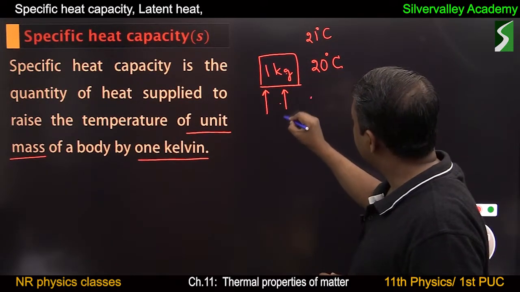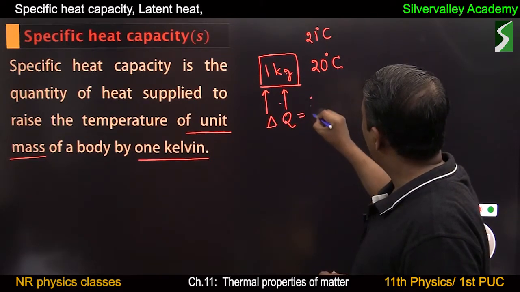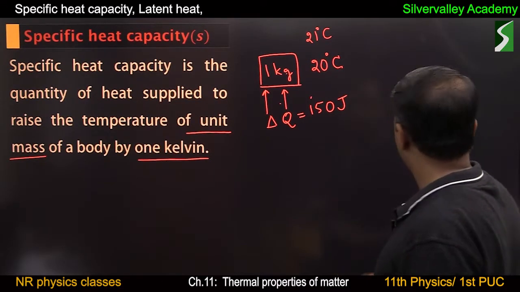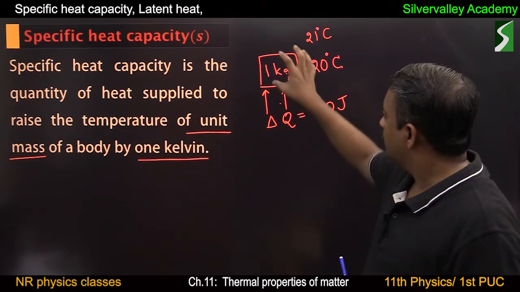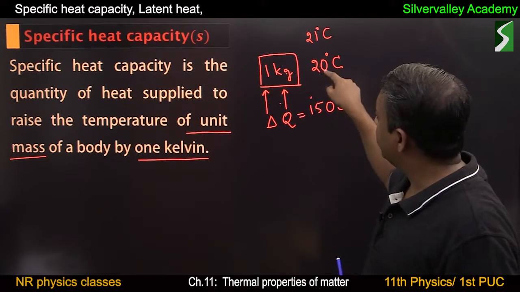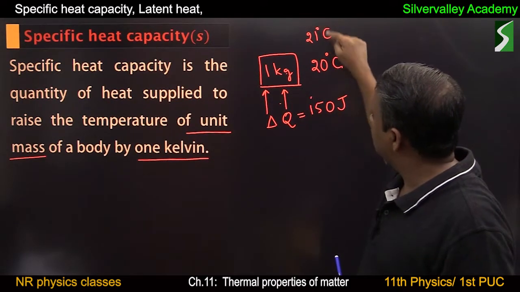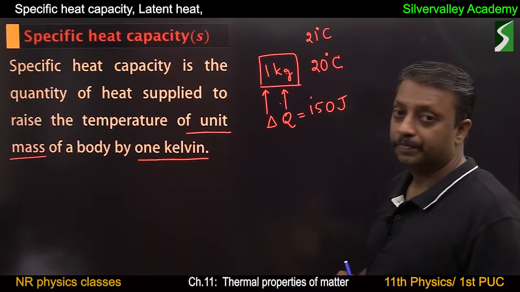For that, heat energy required is delta Q equal to say 150 joule. Let me make it clear. 1 kg is at 20 degree. By heating, its temperature is increased to 21 degrees Celsius by supplying 150 joule.